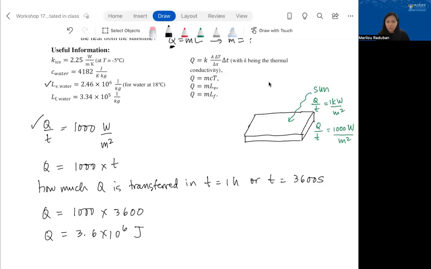We assume that it's transferred over 1 square meter because you have here a meter squared. So how much is transferred over an area of 1 square meter?